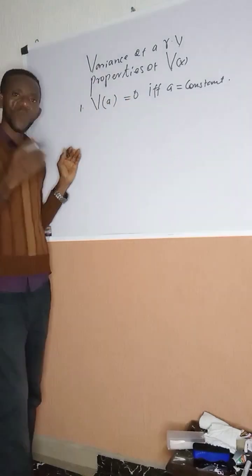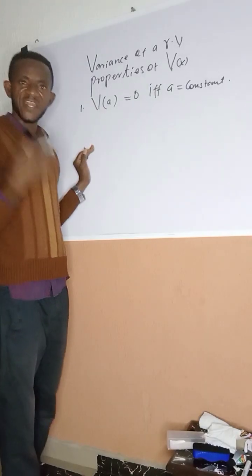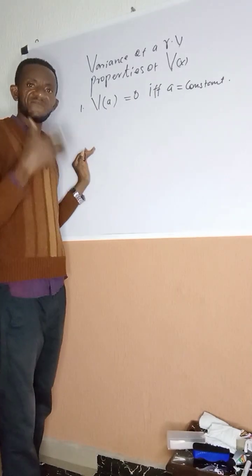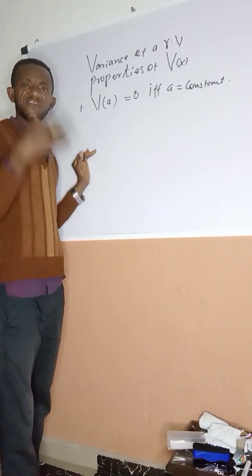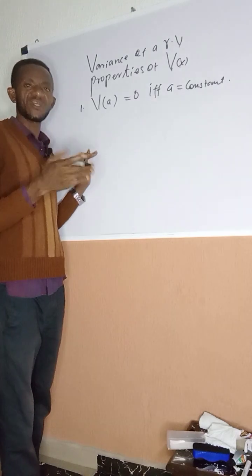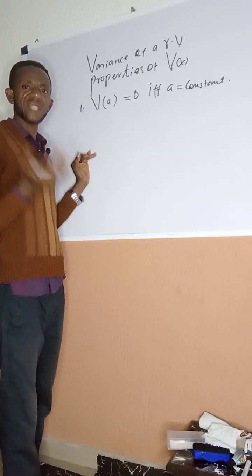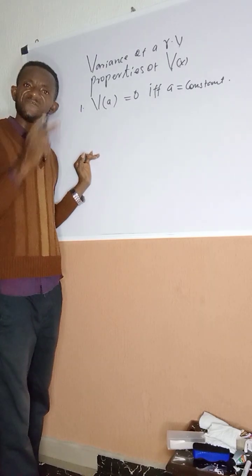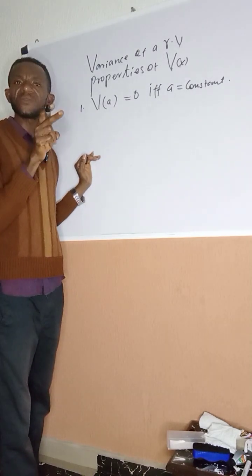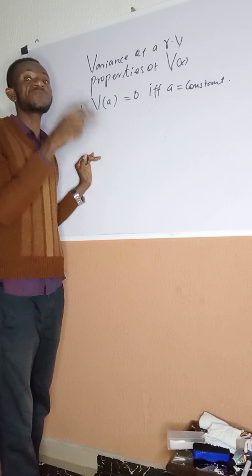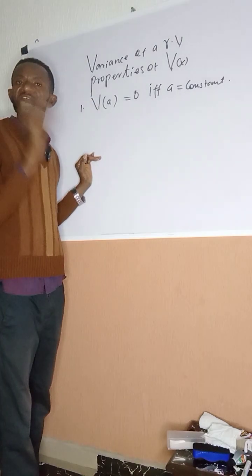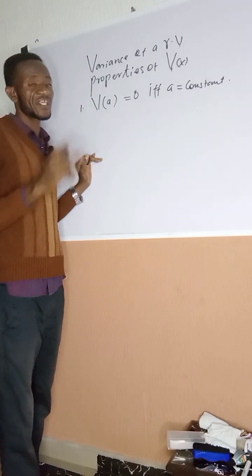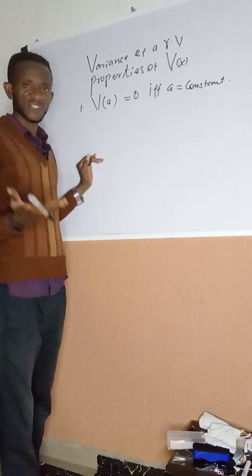So variance of 1 is 0, variance of 2 is 0, variance of 0 is 0, variance of 10 is 0, because 0, 1, 2, 10, and the rest of them are all constants. Variance of A is 0 if A is said to be a constant. Variance of B is 0 if B is said to be a constant.